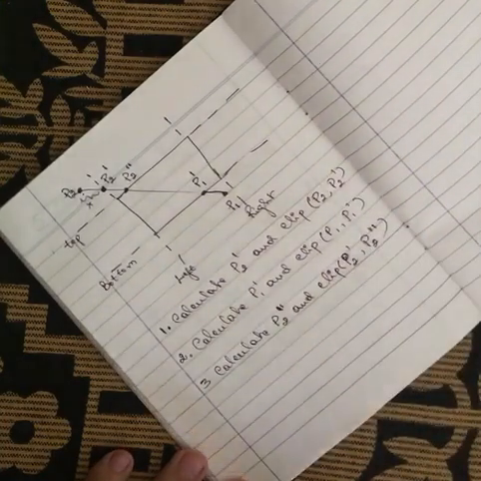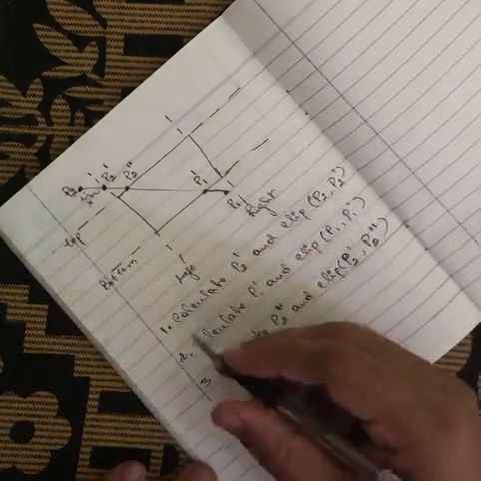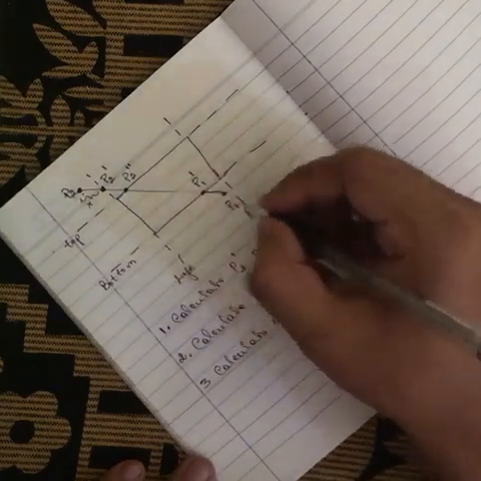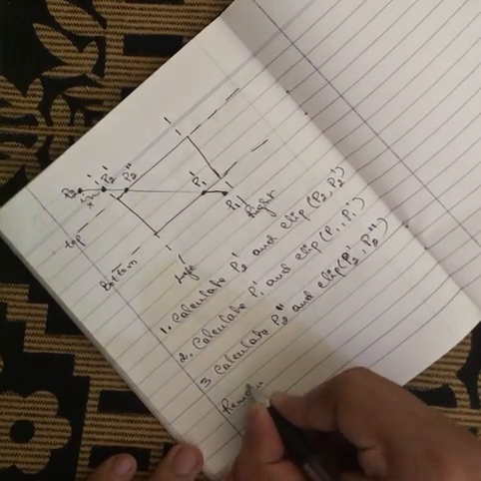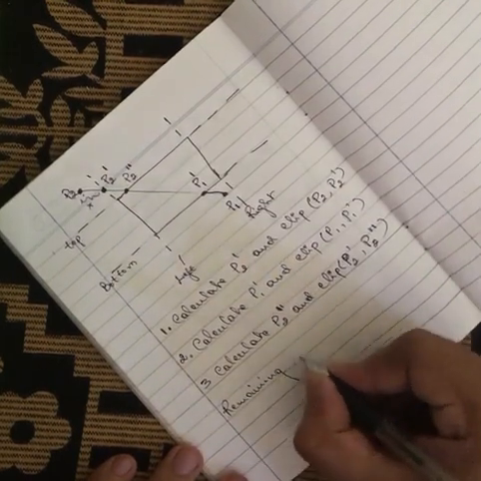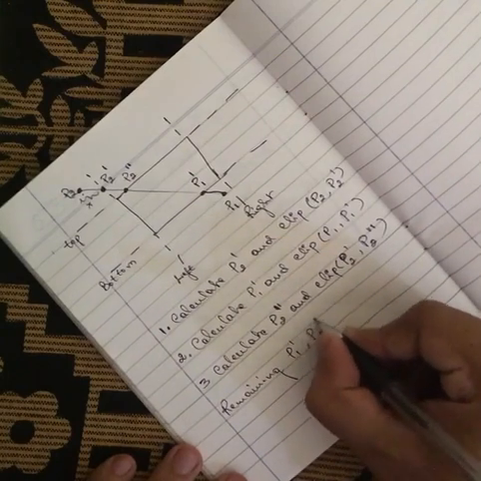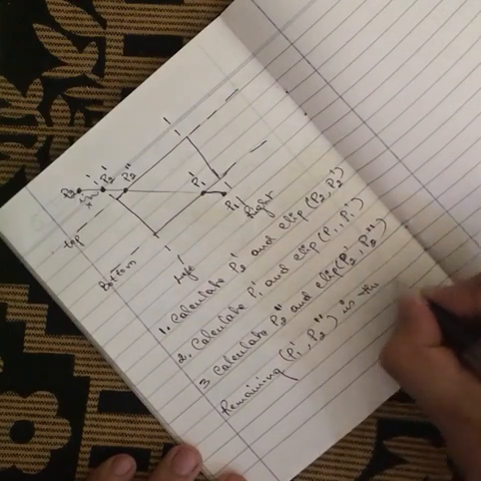Once we have done with the left, right, bottom and the top, whatever the remaining part, P1 dash comma P2 double dash, is the clipped line.